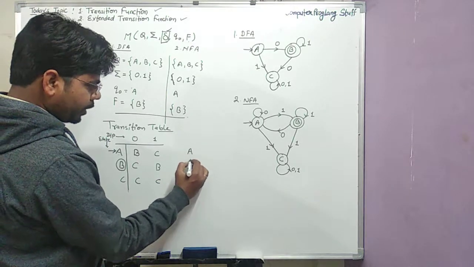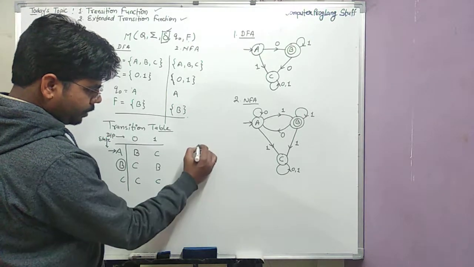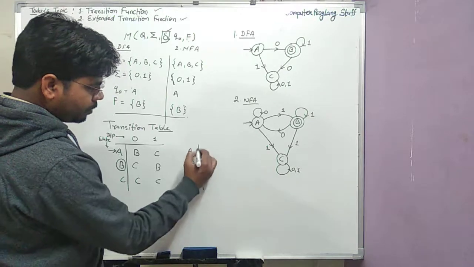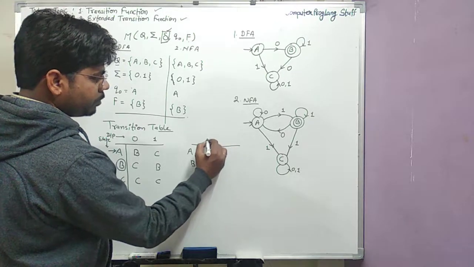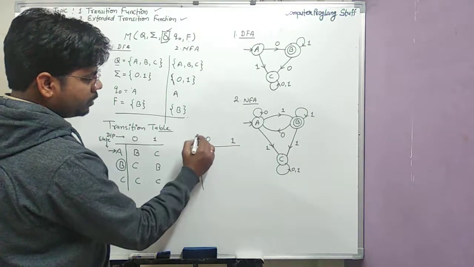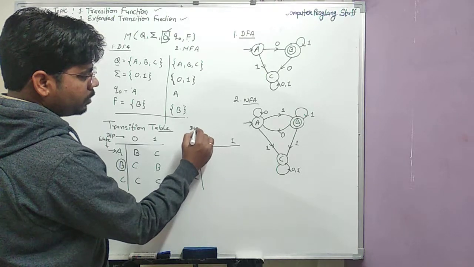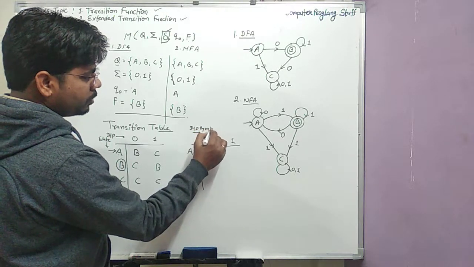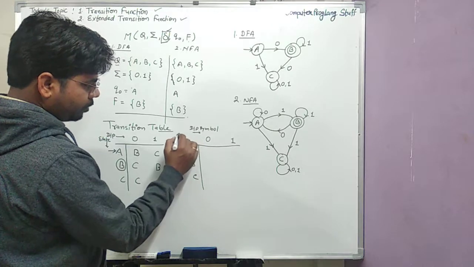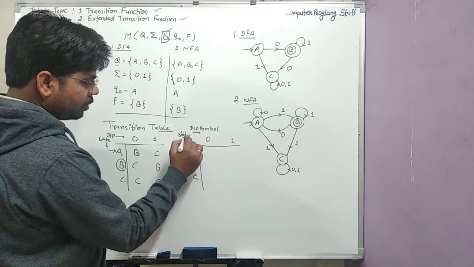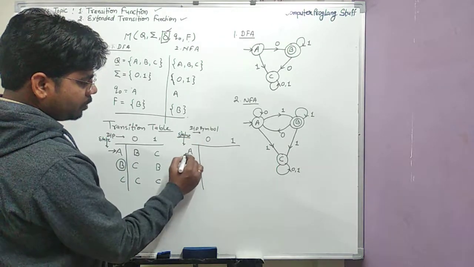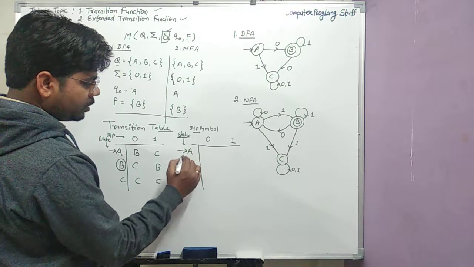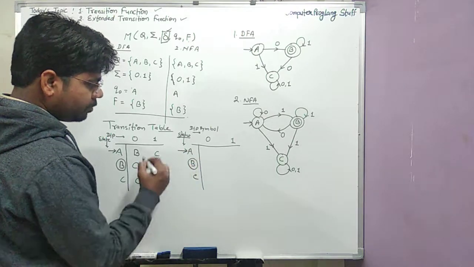And now the transition table for the NFA, for this diagram. Here also we have three states, A, B and C, and we have 0 and 1 as input symbols. A is the initial state and B is the final state.